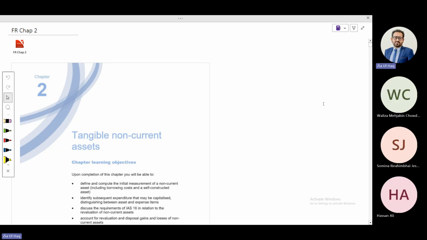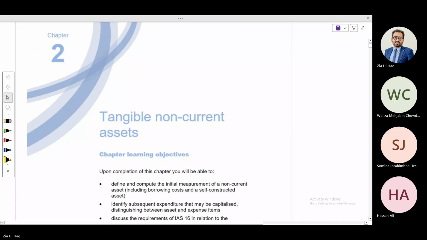Okay. Financial reporting. In previous week, we started the chapter 2 about tangible non-current assets. And there are 4 accounting standards in this chapter. One is IAS 16 that we have covered so far. IAS 20 government grants that we have covered so far.